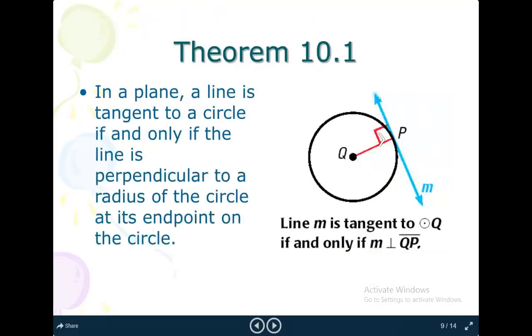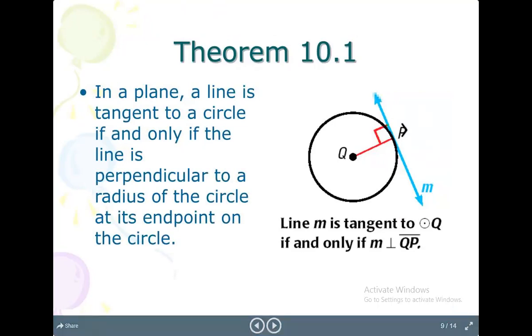Now we have another part. In a plane, a line is tangent to the circle if and only if the line is perpendicular to a radius of the circle at its endpoint on the circle, which means line M is a tangent, QP is a radius.